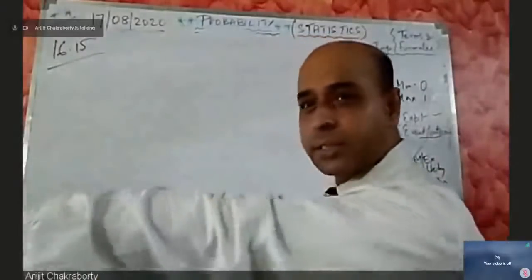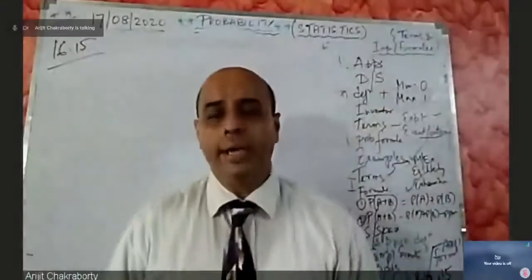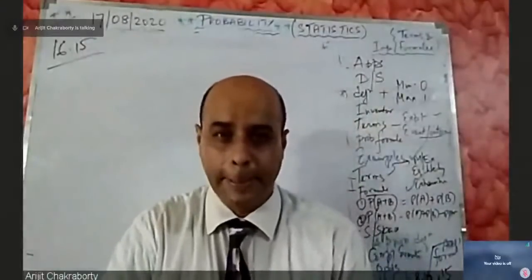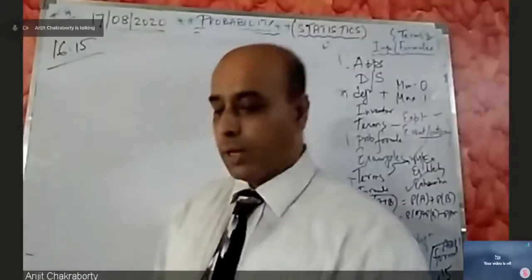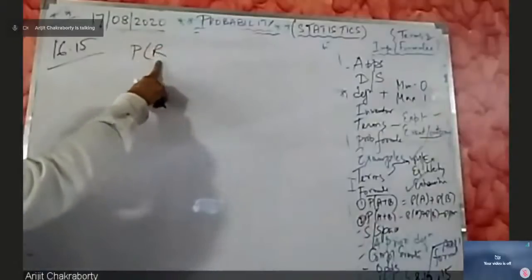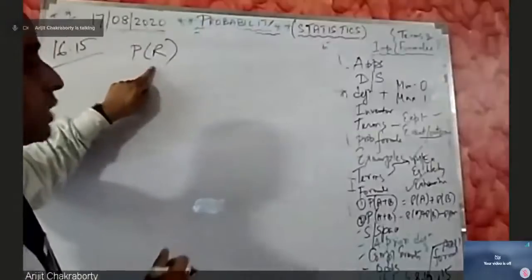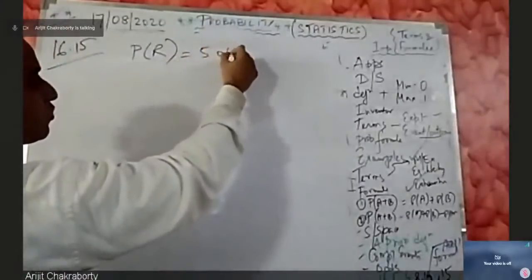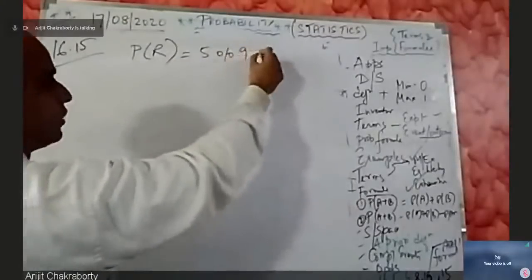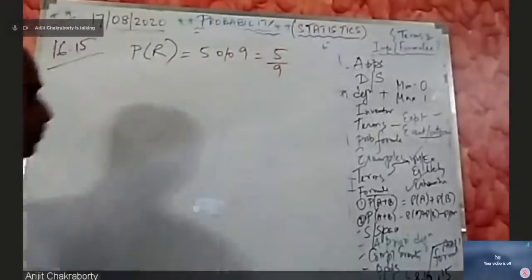So if he fires 9 shots, he will hit the target 5 times. This is the performance of Rupesh. So I will write: probability that Rupesh, R for Rupesh, hits the target is 5 out of 9. That is, the probability is 5 by 9.